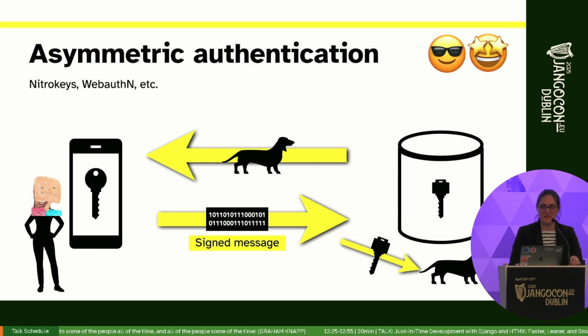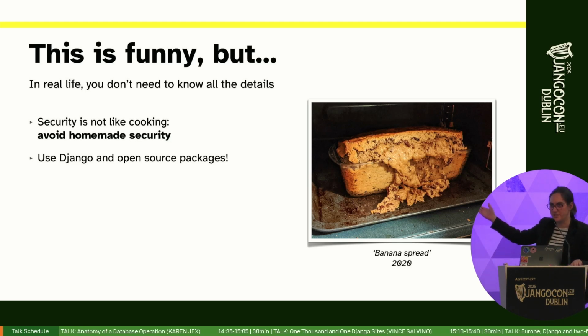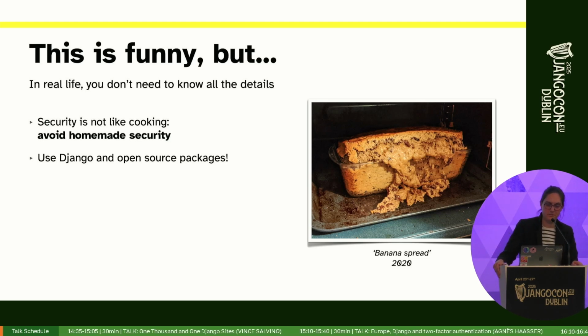So this was the idea of asymmetric authentication. It's funny, but in real life, you don't need to know much more about authentication methods. In crypto and in security in general, we avoid homemade solutions, not like this banana bread, which is trying to escape. We are very proud of the banana spread code name. So back to computer security.